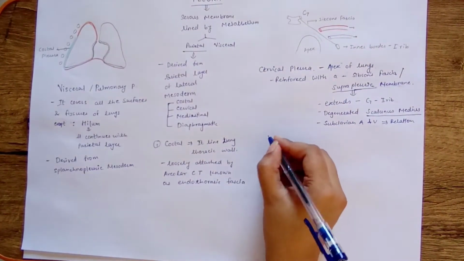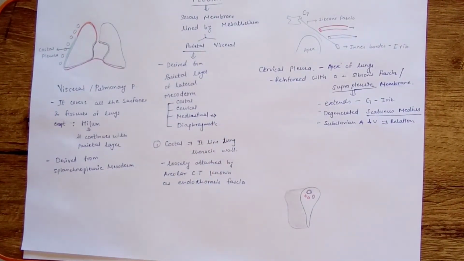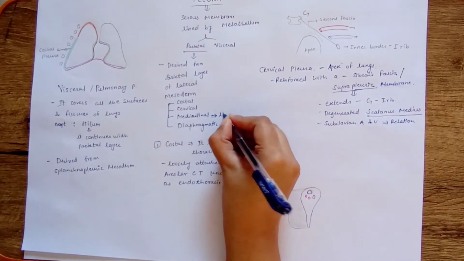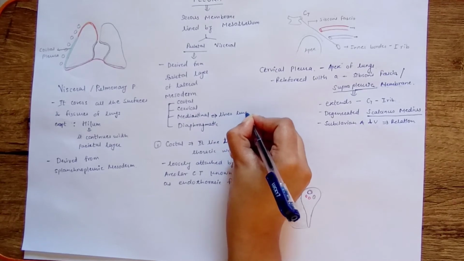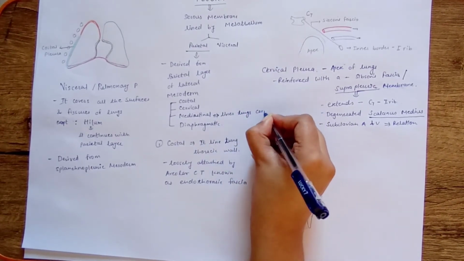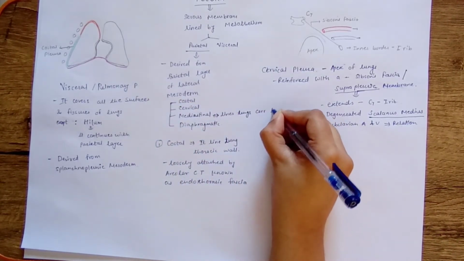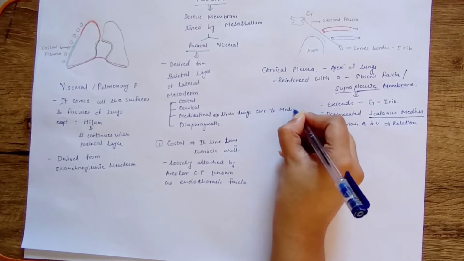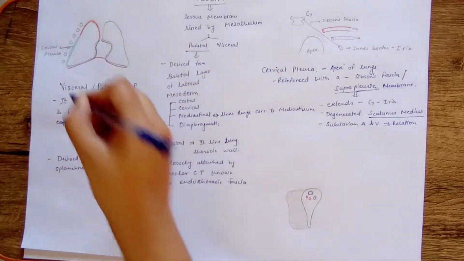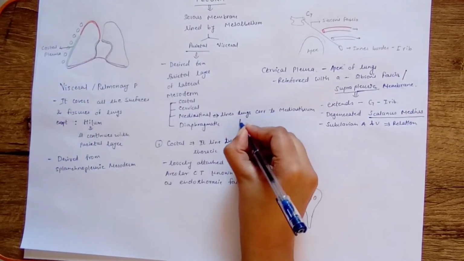Now we'll see the mediastinal pleura. Mediastinal pleura, as it suggests, lines the part of the lungs corresponding to the mediastinum, and it is reflected over the root of the lung.